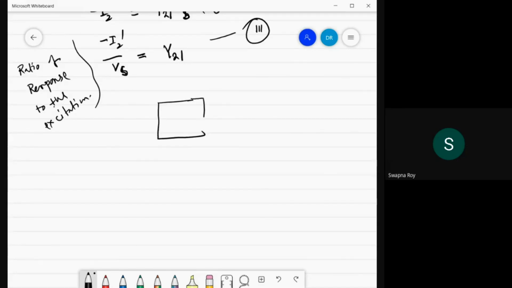This is the network. Now the input port is shorted. So this is I1, this is I1 dash. And the output port, we are applying a voltage source Vs. The output port, this is I2, this is the network M.